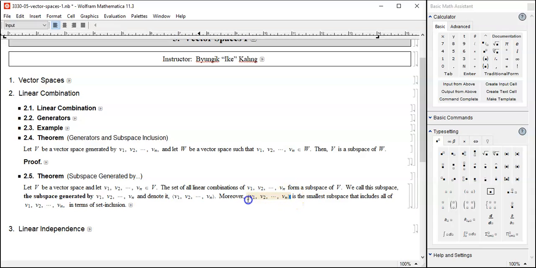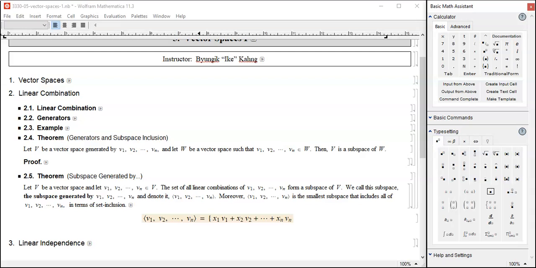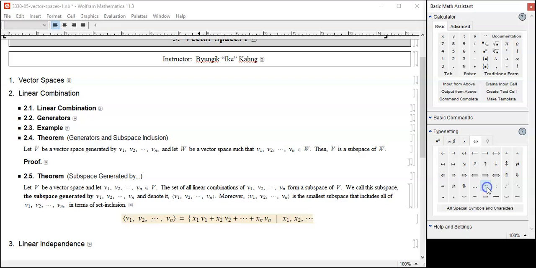All right, we'll just define that set like this: X1 V1 plus X2 V2 and so on, where each X1, X2, and all those are real numbers.